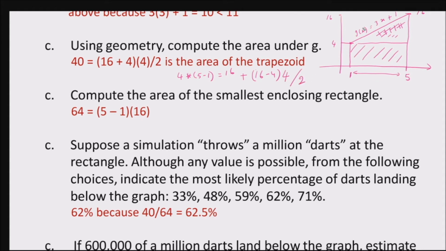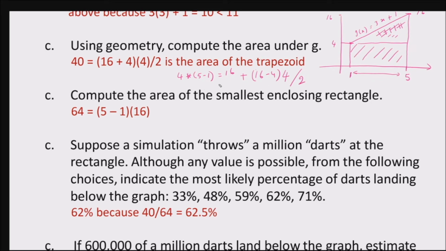So that is the area of a triangle, right? You can imagine there's a rectangle here. That would be 4 into 12, and then you cut it in half, that will be divided by 2, right? So that is what it is.